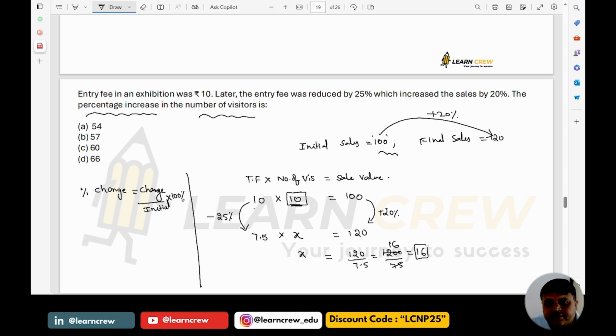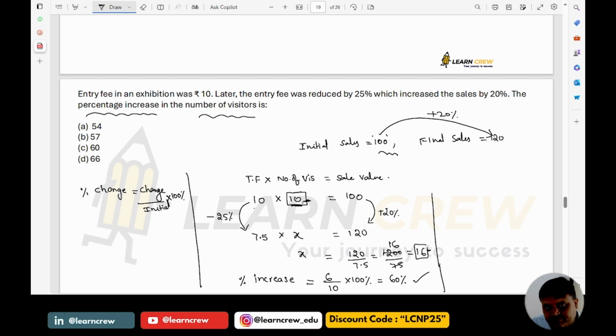Here you have 10, here you have 16. So increase is 6 by initial 10 into 100. So 600 by 10 is 60%. So percentage increase is 60%.